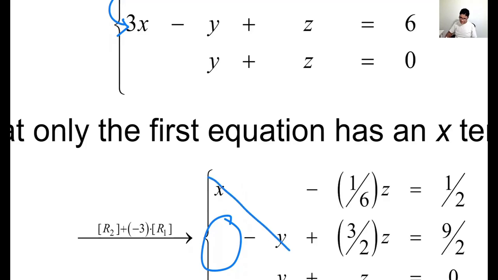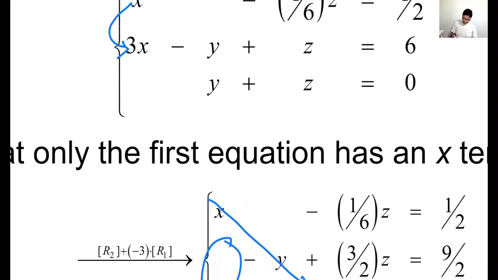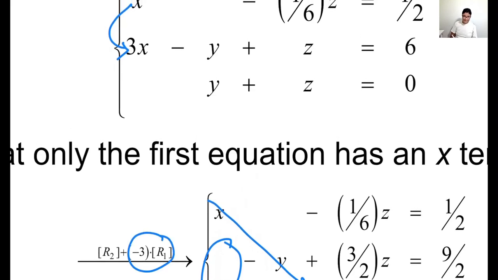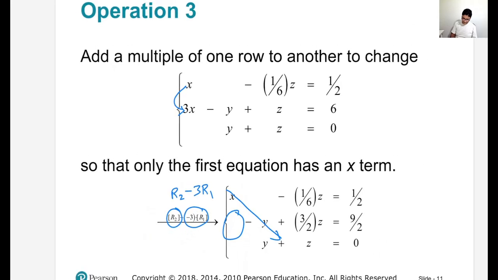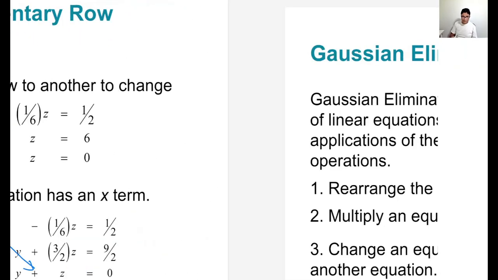So you can see that it is getting into the diagonal shape, right? That is the intuition, the diagonal form. So what is the operation here? Multiplying the first row by 3 and subtracting from the second row. R2 minus 3 times R1.